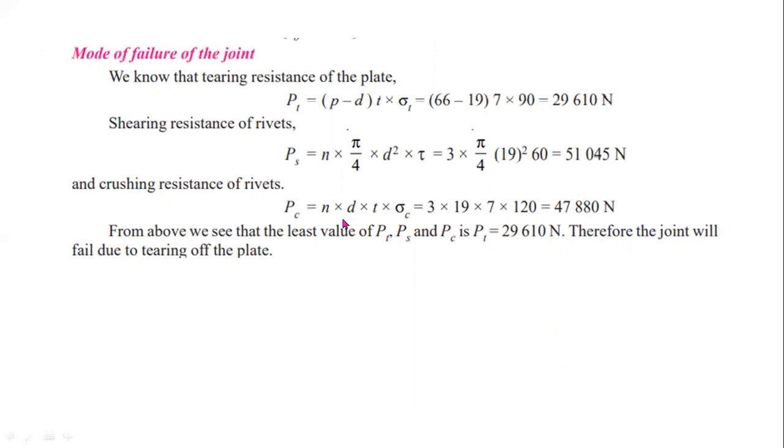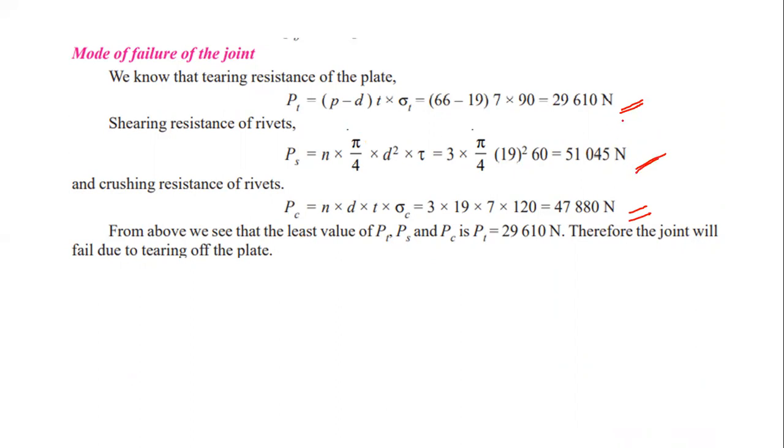Now, in the last step, you have to identify the mode of failure. We know the formulas for tearing strength, shearing strength, crushing strength. From these three values, you have to identify the least value of PT, PS, PC. Here the PT value is 29,000, PS value is 51,000, and PC value is 47,000.